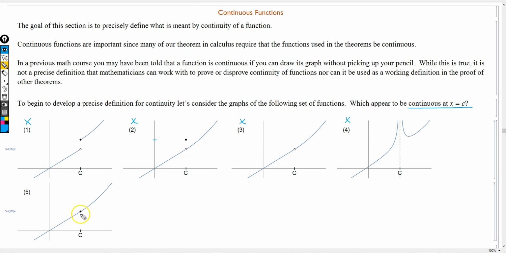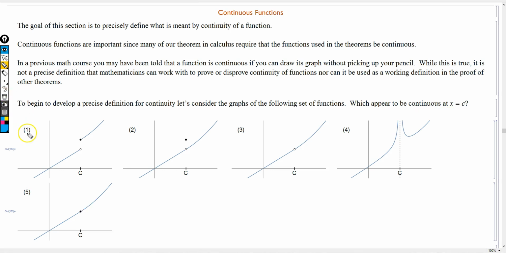And then number 5 here, well, that one actually, if we draw the graph here, I can continue right through that point right there, c, f of c, and then I just continue, and I did not have to pick up my pencil. So yes, this one does look like it should be continuous. Now let's take a look at a definition and see that this definition is satisfied by graph number 5 but not by the other 4 graphs.